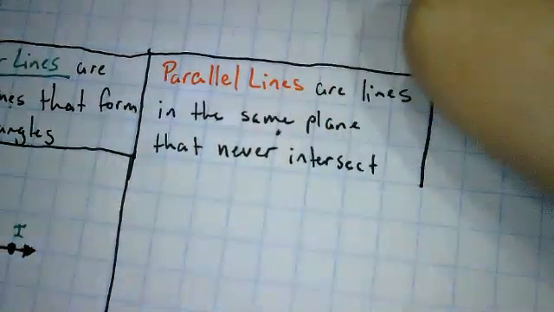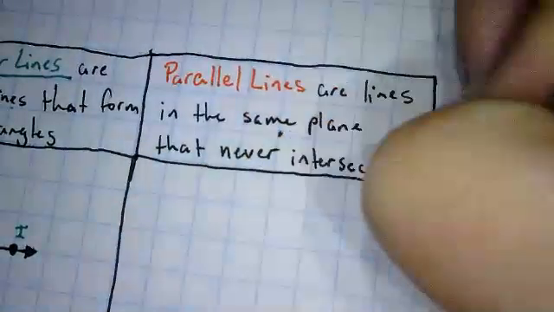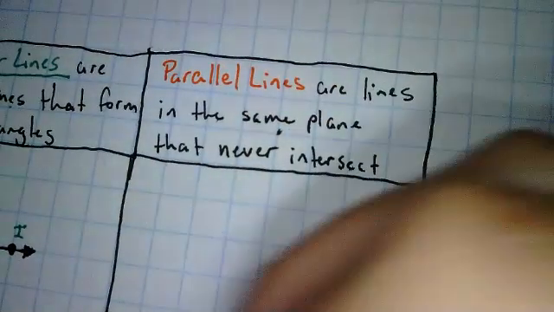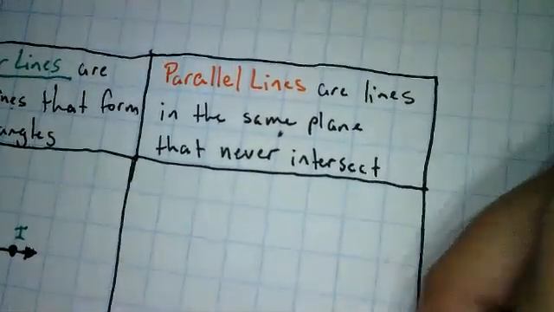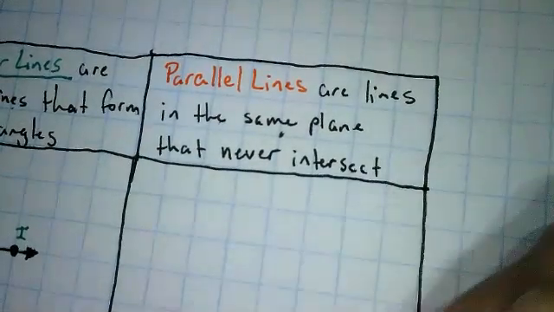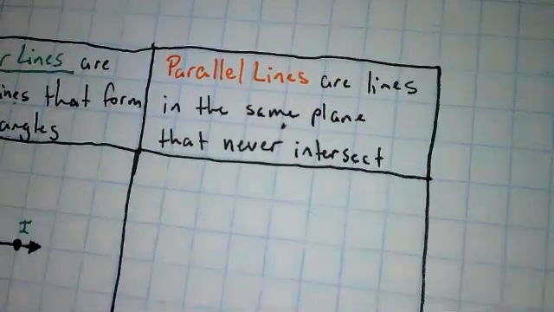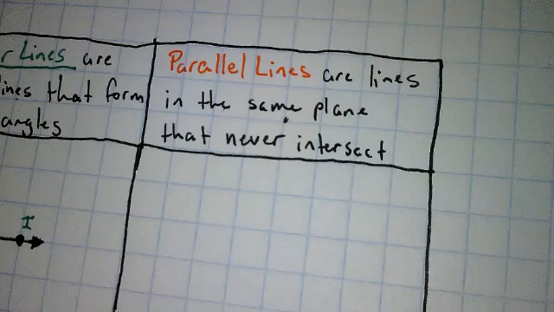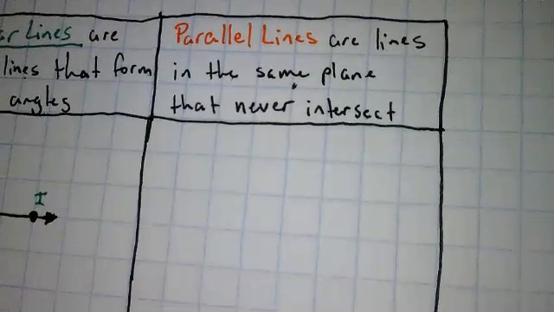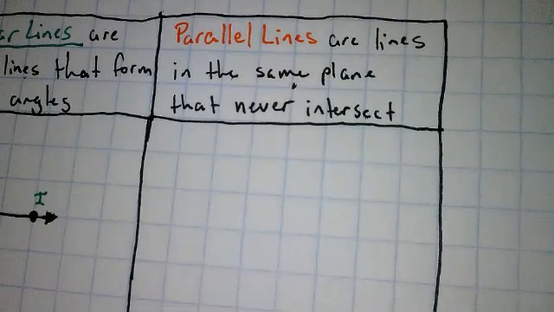They are never going to intersect. And we'll draw a picture to show that in just a second. Same plane. That just means on the same section of your paper, they go together. But they actually are never going to touch. Okay? So parallel lines are lines in the same plane that never intersect.